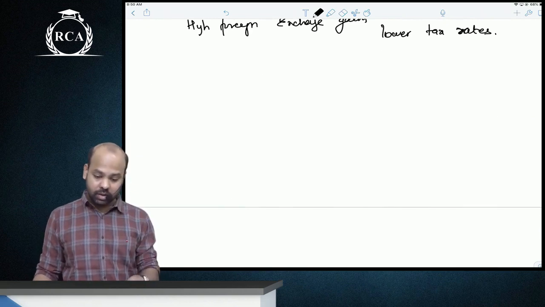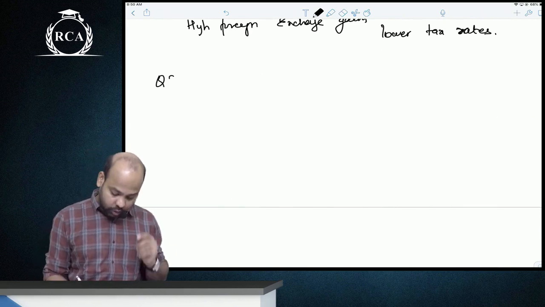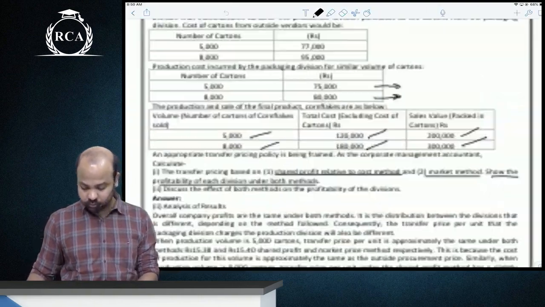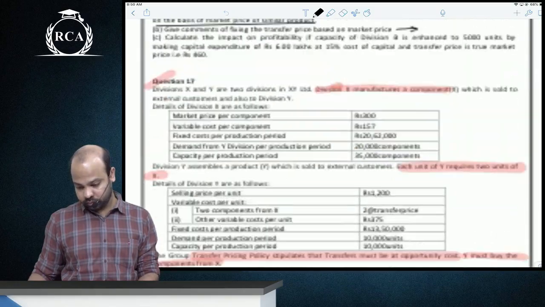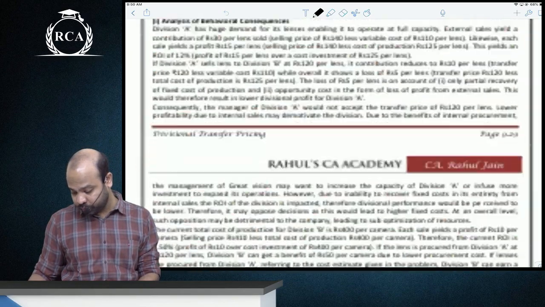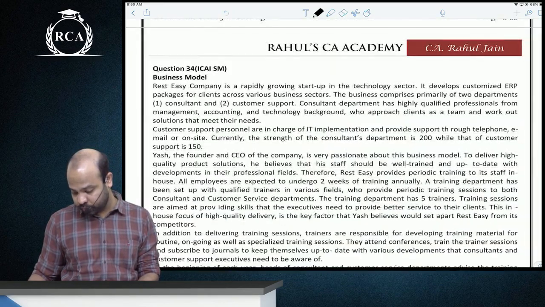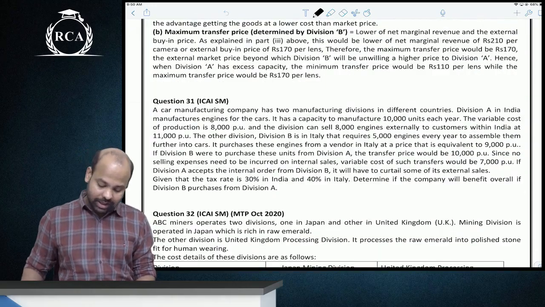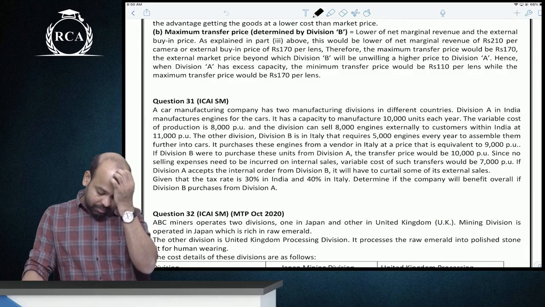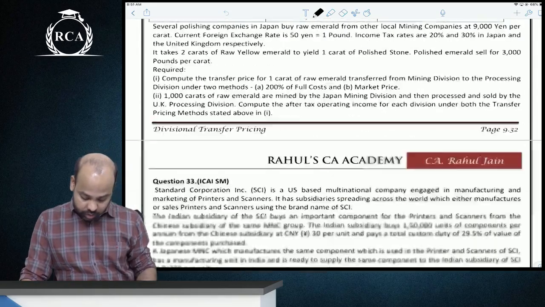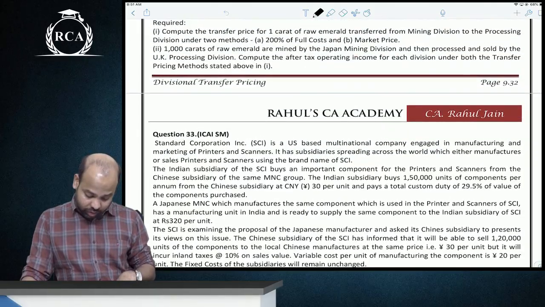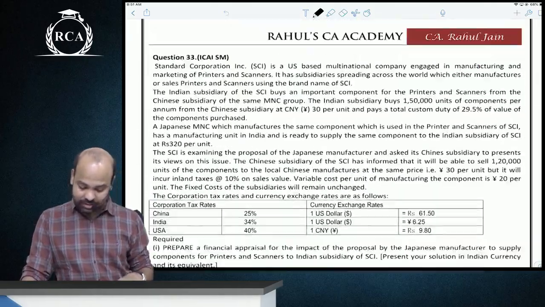Now we will be moving on to question number 31. Go back to your problem solving book, page 9.32. A car manufacturing company. Simple questions. Questions 31, 32, and 33 are all based on international transfer pricing only.